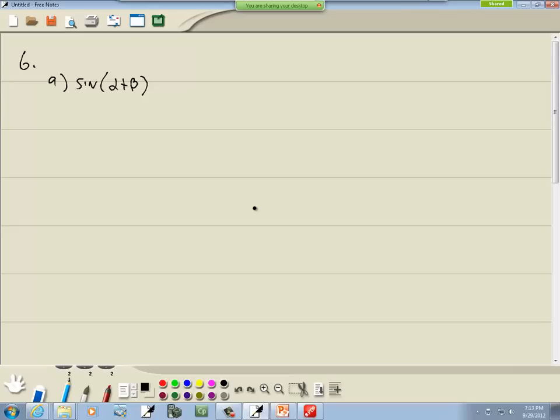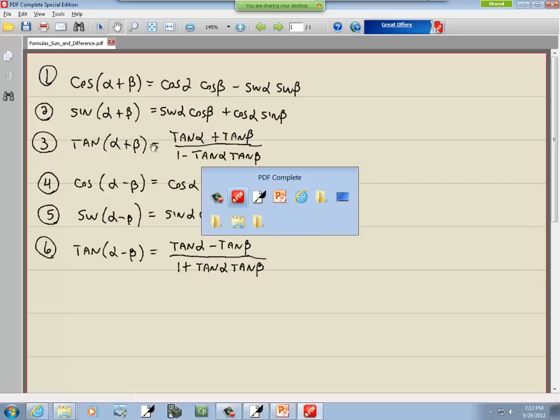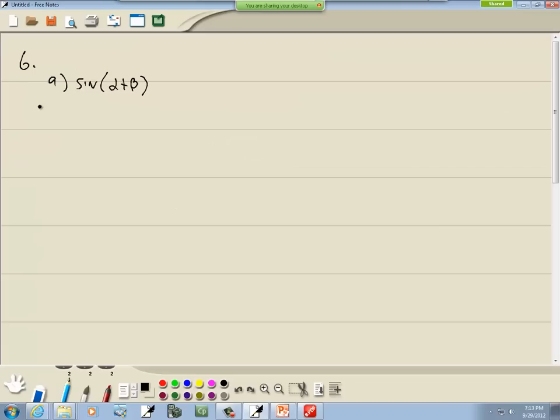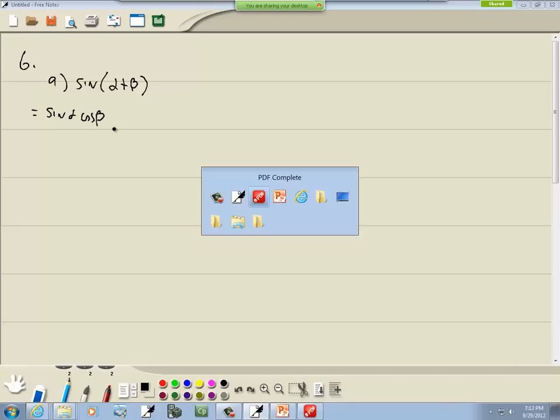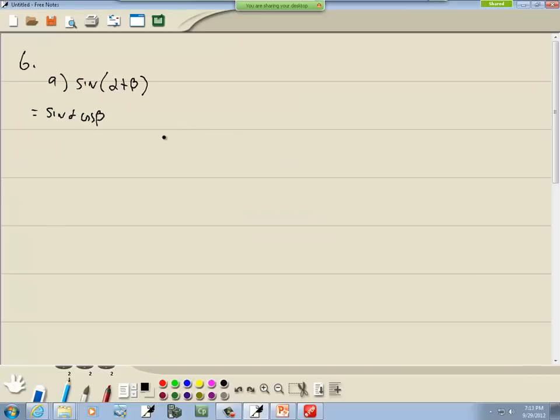Okay. Sine alpha plus beta. Let's go write down a formula. Sine alpha plus beta is sine alpha cosine beta plus cosine alpha sine beta.